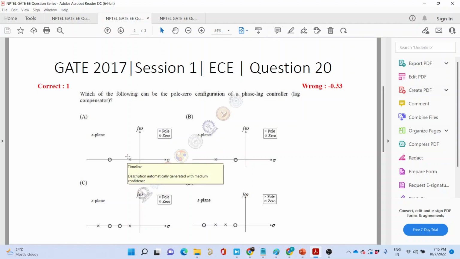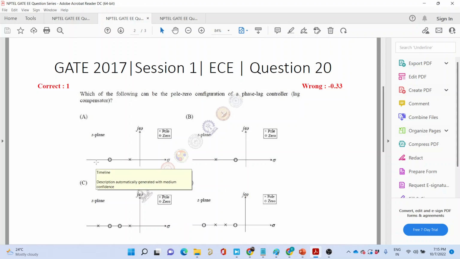See, take a very simple example. Say this pole is at -1, and say there is another pole over here at -2. Forget about zero. So there is one pole at -1, another pole at -2.